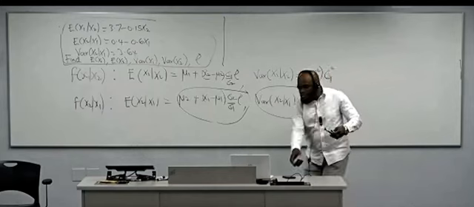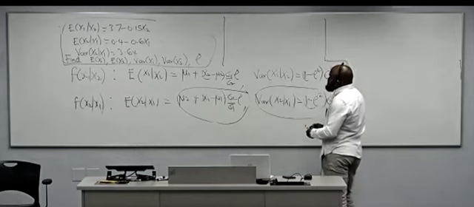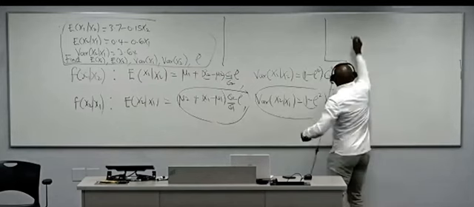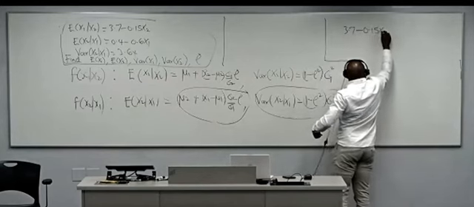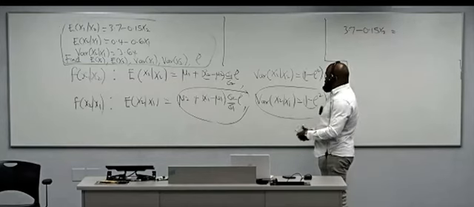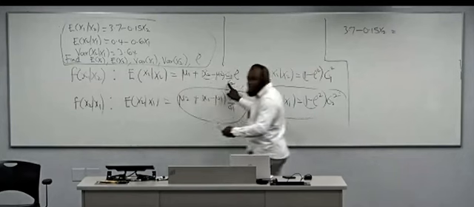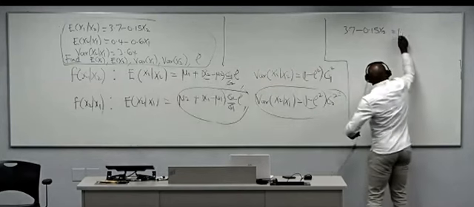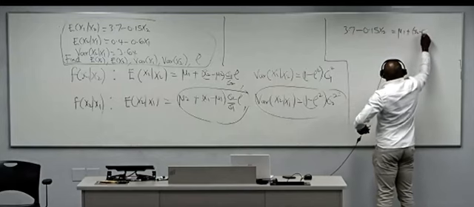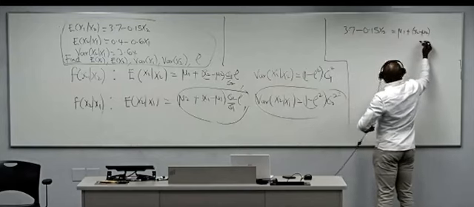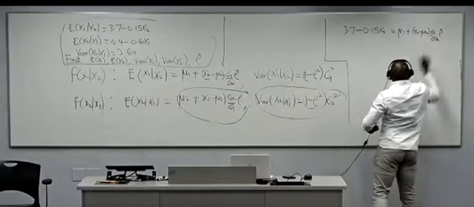So what I'm going to do is 3.7 minus 0.15 X2 equals, what is the formula? The expected value of X1, I'm going to write equal to mu1 plus (X2 minus mu2) times sigma1 over sigma2 times rho.